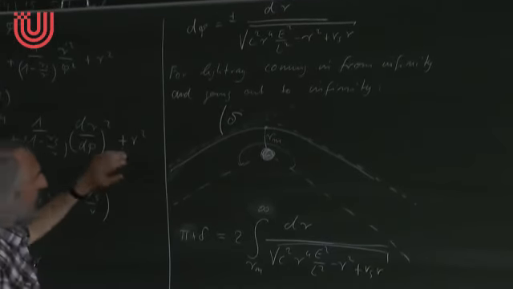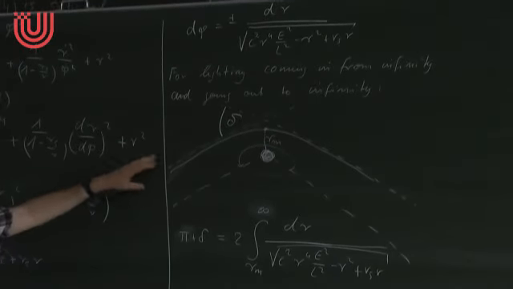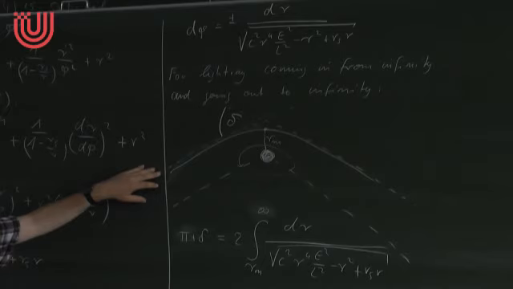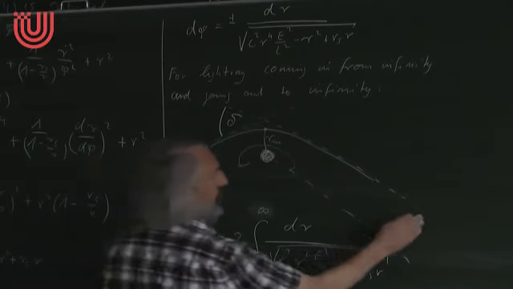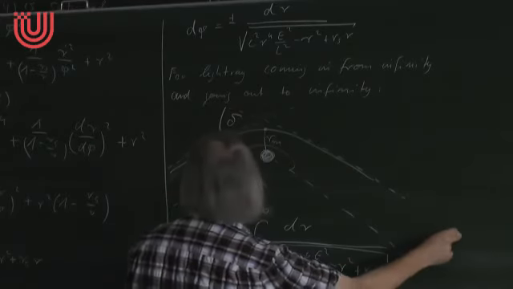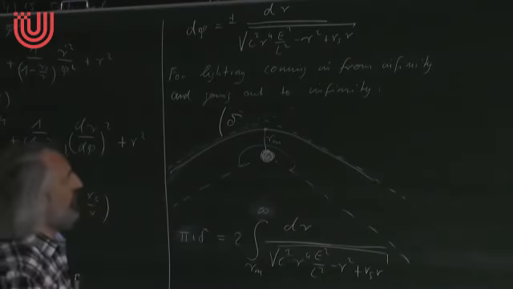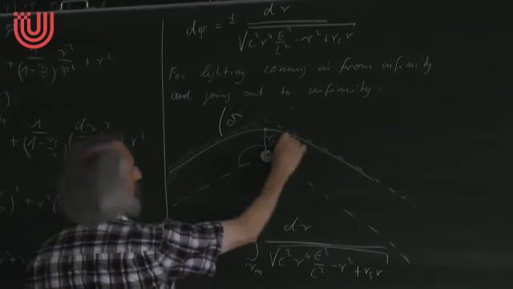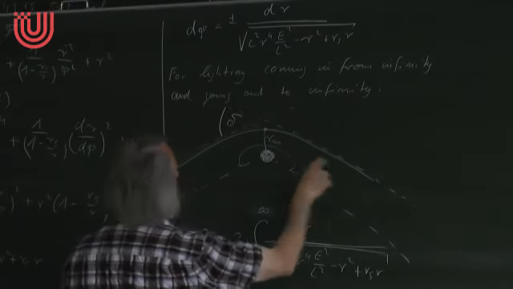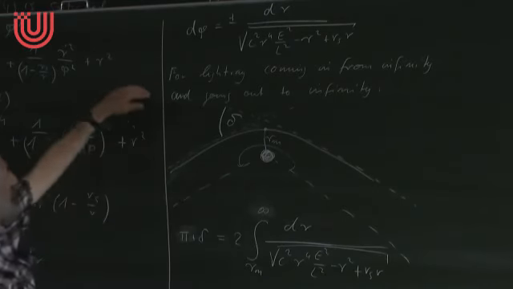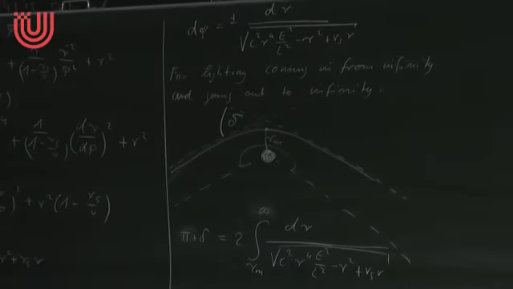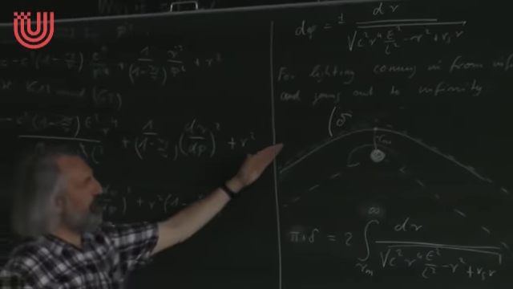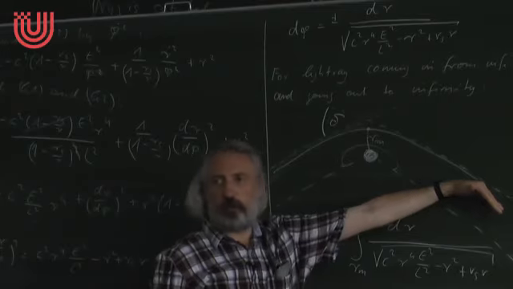And that's actually what an observer would see. This delta is the angle by which an observer would see a star misplaced in the sky. So think of an observer here at a large distance, far away from the body. He looks in this direction, and he sees the light ray coming from there, and he says, aha, the light is somewhere on this line. That's where he says the light must come from. But actually it comes from here. It is bent, and then it goes into the eye of the observer.